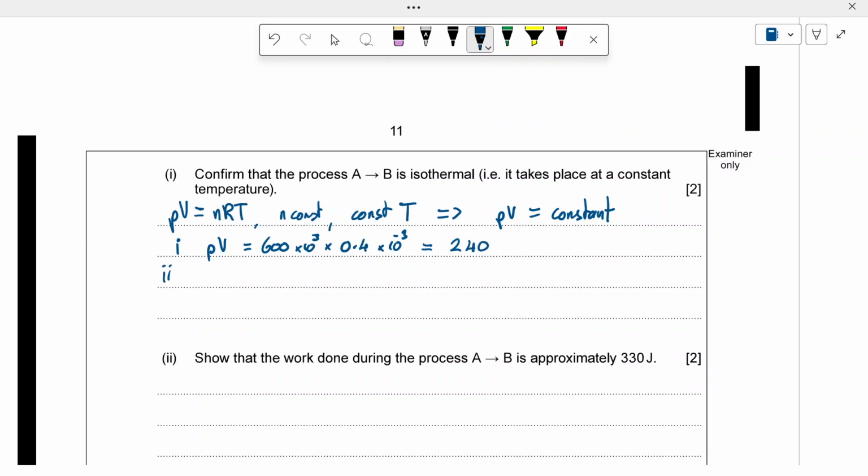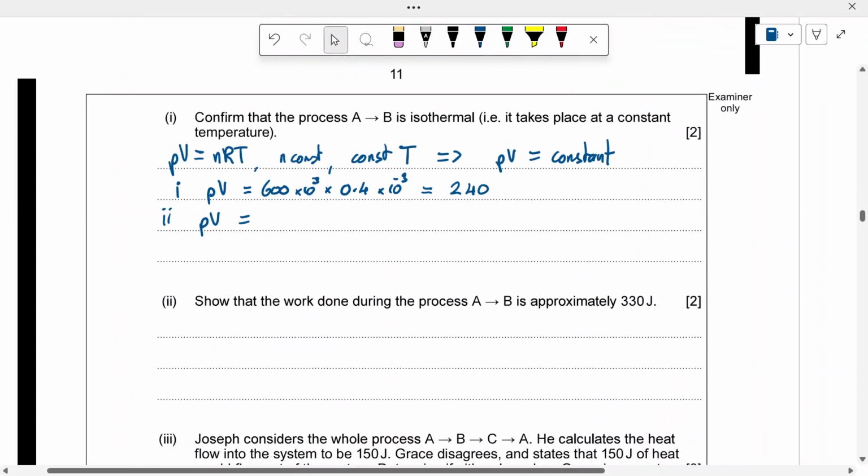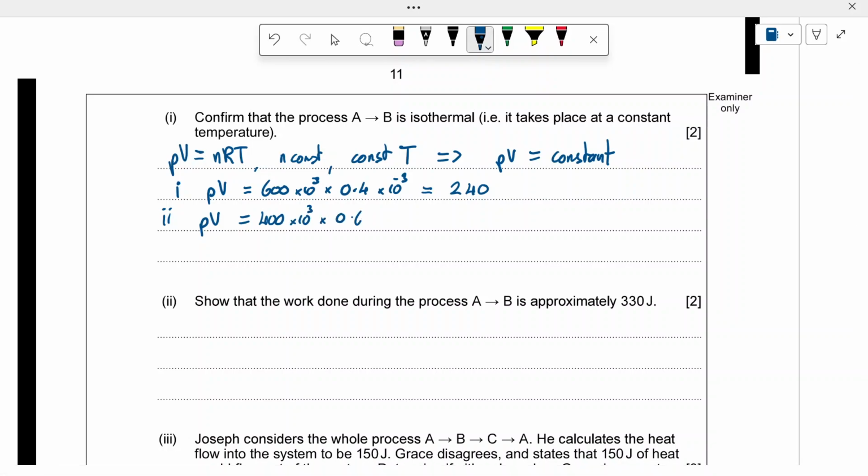At point 2 then, let's have a look, 400 and 0.6, which also equals 240.